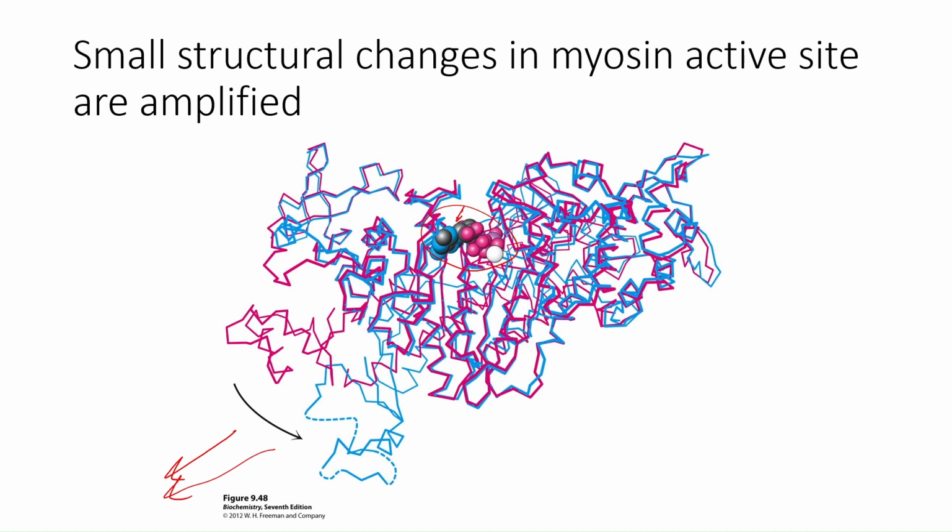But you can imagine a lot of these alpha helices, just like we talked about in hemoglobin, a small change in one area can ultimately lead to larger changes in other areas as the alpha helices are moving past one another, or as they might change from an attraction to a repulsion or a neutral interaction. And so over here we can see this big change from the pink to the blue, which is what helps our myosin heads move so much during this process of hydrolyzing ATP and releasing that inorganic phosphate.